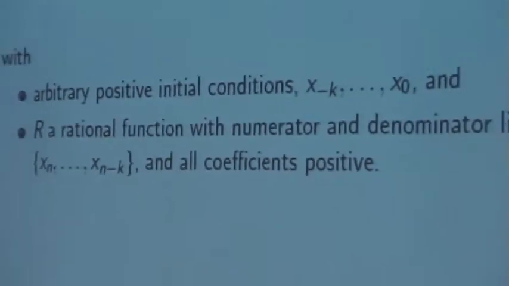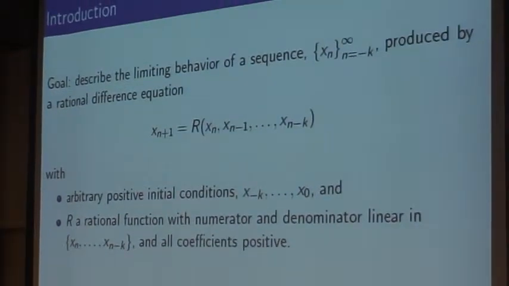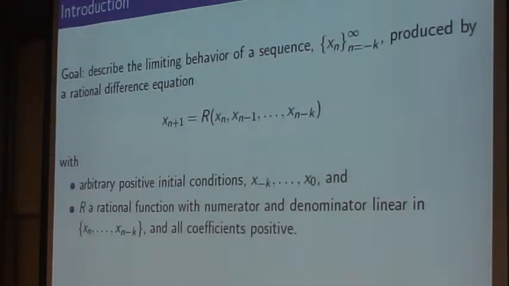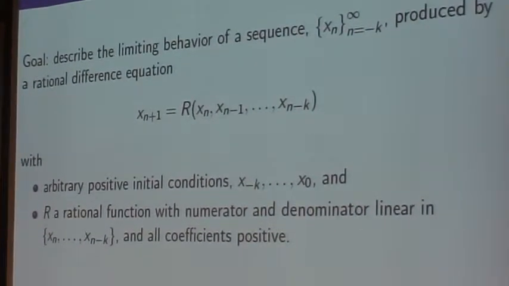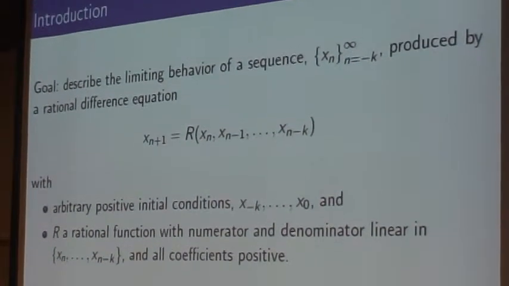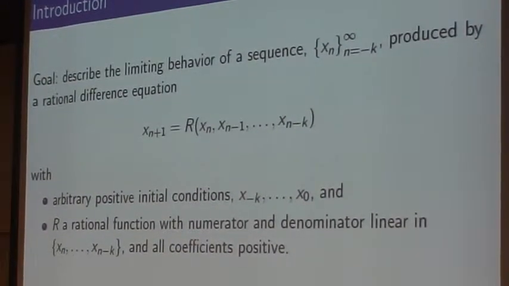Right. So the goal in these kinds of problems is to describe the limiting behavior of a rational difference equation, of the sequence described by a rational difference equation. And we have the n plus first term written as a function of the k plus 1 previous values.